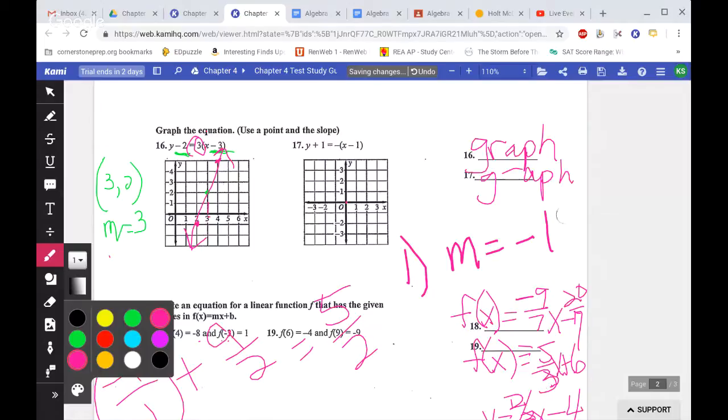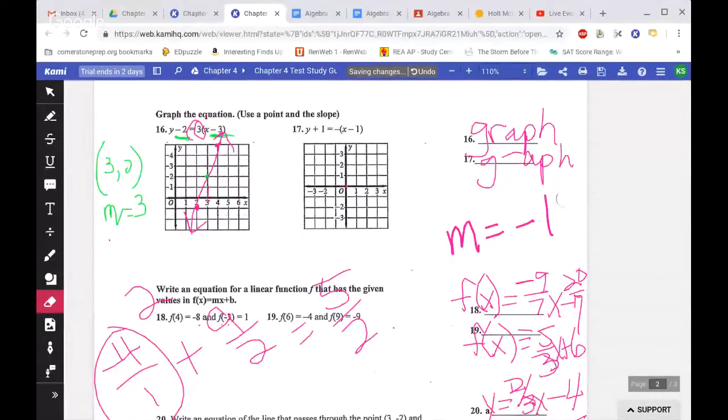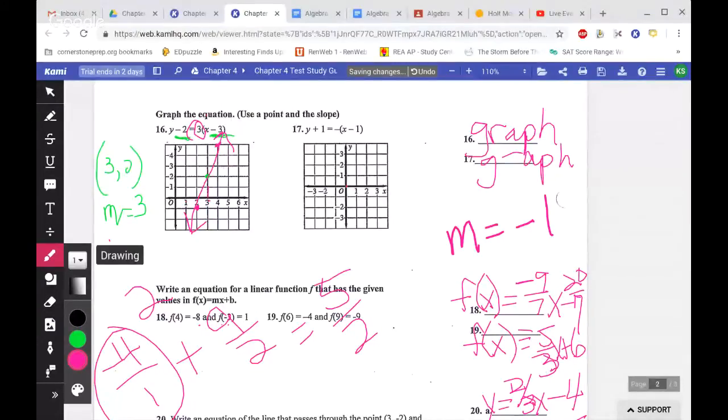All right, what's the point in number 17? 1, 1. Good job. Well, actually that's -1, sorry. It's 1 and -1.